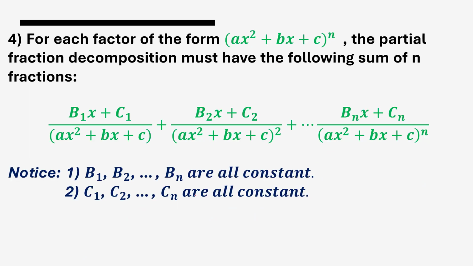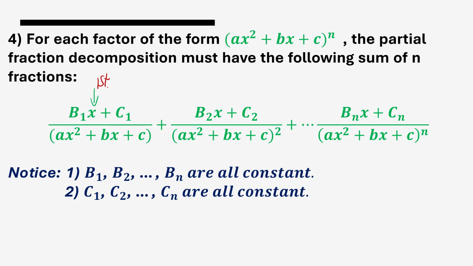And now for each quadratic term, like ax squared plus bx plus c to the nth power, the partial fraction decomposition must have the following sum of n fractions. This is the first term: b1x plus c1 over ax squared plus bx plus c.